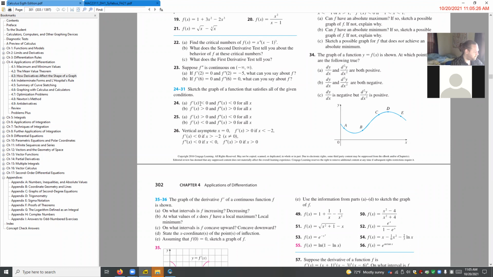So for an example, this is section 4.3, number 24. I'm going to write it down and then we'll switch back to the document camera. I'm going to sketch a graph of a function f of x satisfying the following conditions.